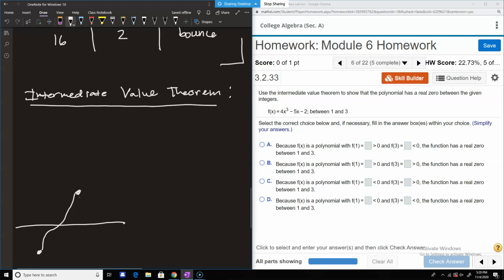It's saying if you have a continuous function and you know that it has a negative y value and a positive y value, at some point it's going to cross 0. That's all the intermediate value theorem really says.